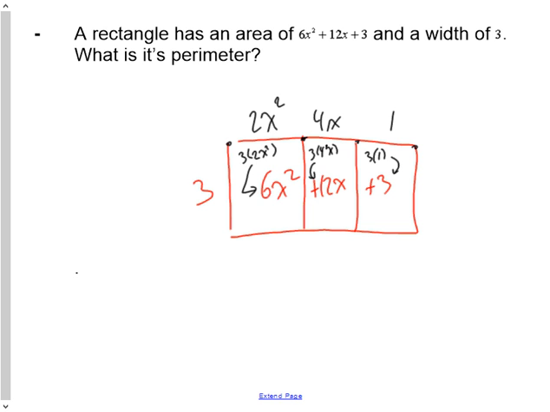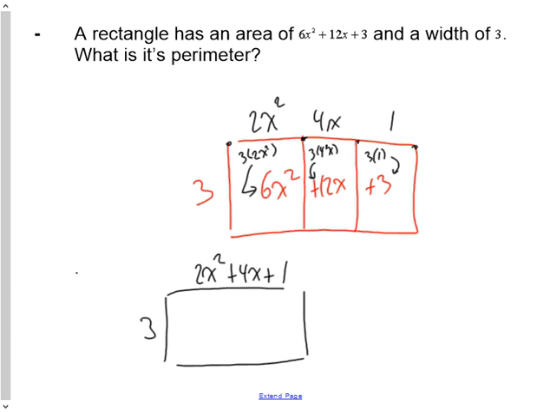So therefore, if I redrew my rectangle, side length is 3, and the length is this. Okay? But that's not the question. The question was not what is the length of the rectangle if its area is 6x squared plus 12x. It's what is its perimeter.